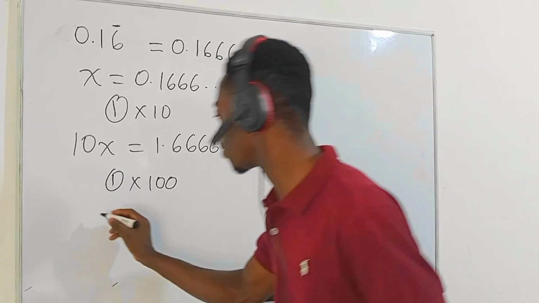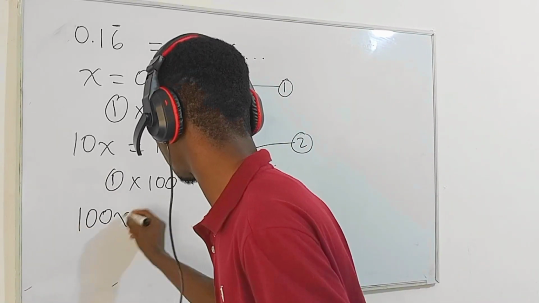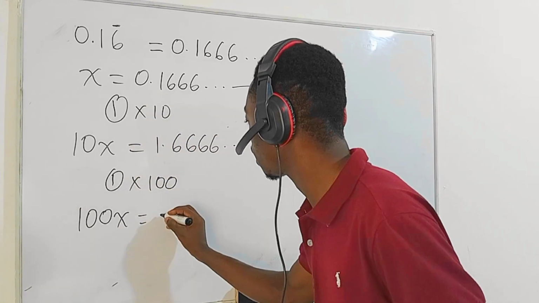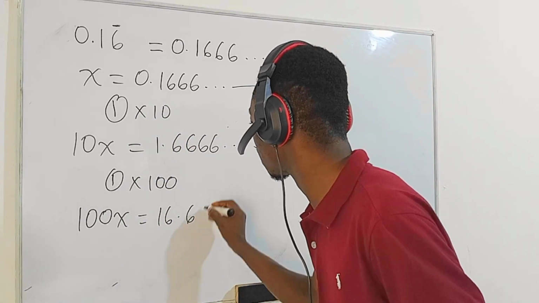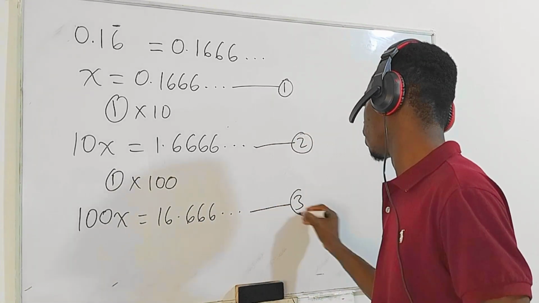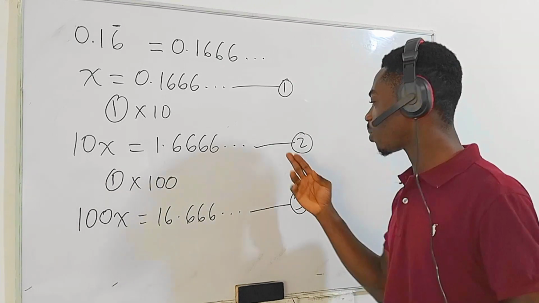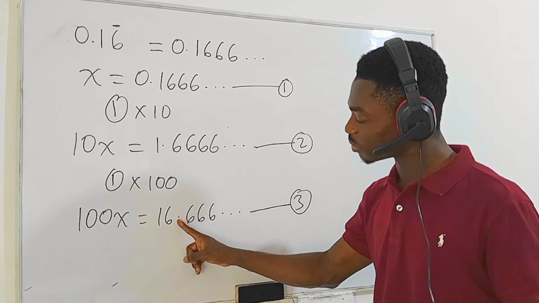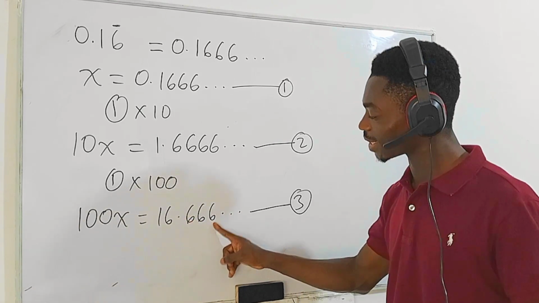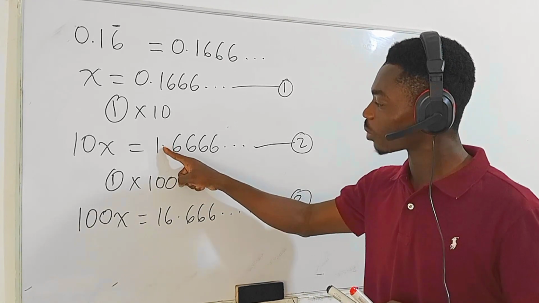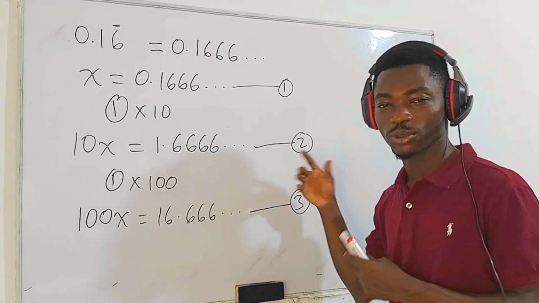And this time around, we are going to have 100x is equal to, this times 100 is going to be 16.666 up to infinity. And this will be our equation 3. Now let's compare equation 2 and equation 3. You realize that after the decimal point right here, we have 666 up to infinity. Then from equation 2, after the decimal point, we have 666 also up to infinity.